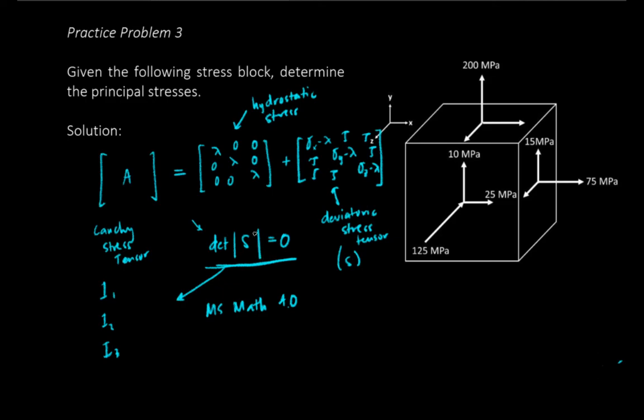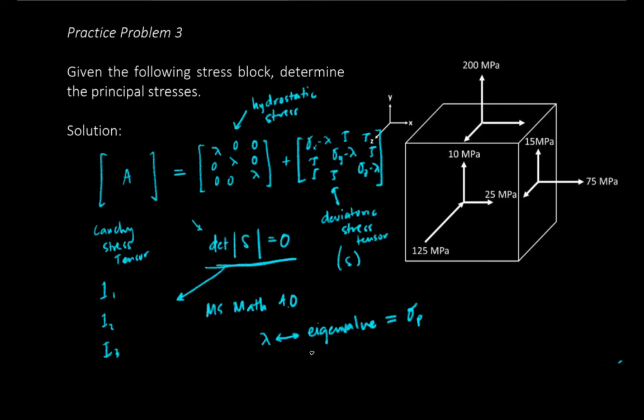When we do an eigenvalue calculation, we actually solve for lambda. That's why I chose lambda, because lambda here is what we call the eigenvalue. And for stress tensors, the eigenvalue is actually your principal stresses, your sigma p.